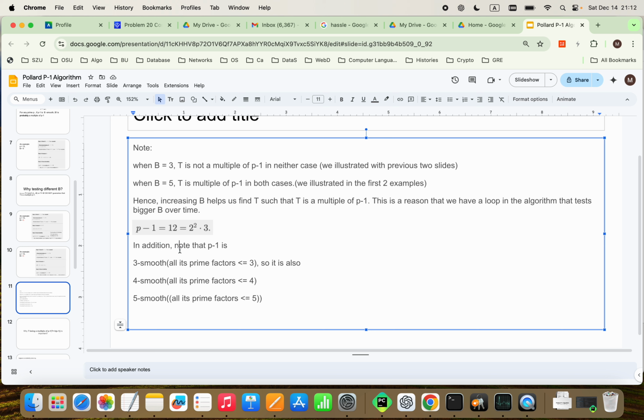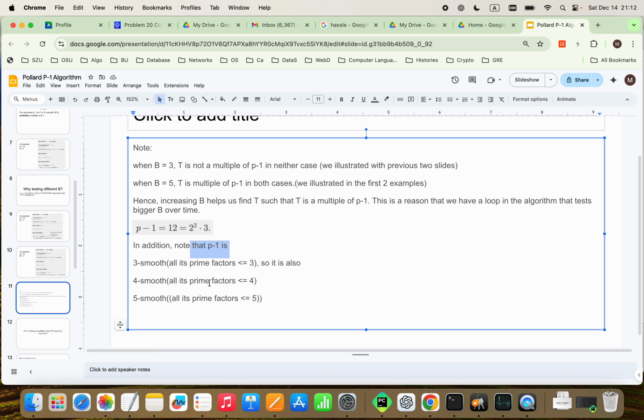In addition, note that p minus 1 is 3 smooth. It's 3 smooth because all its prime factors are less than or equal to 3. Then we can say it's 4 smooth or 5 smooth. Why?